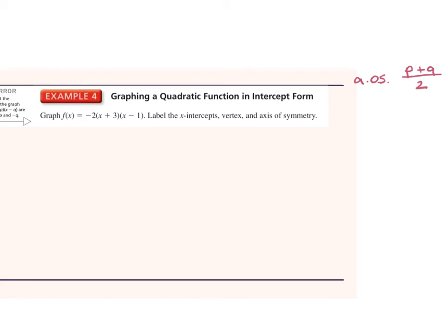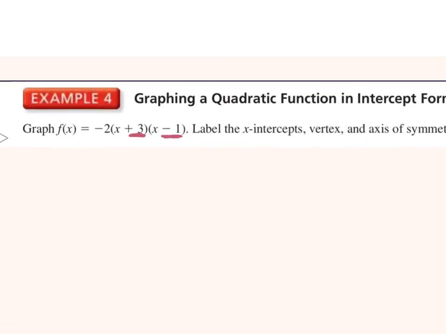So we need to label the x-intercepts, vertex, and axis of symmetry. So our x-intercepts we get from these values. This is where we cross the x-axis. Our x-intercepts are going to be coordinate points.